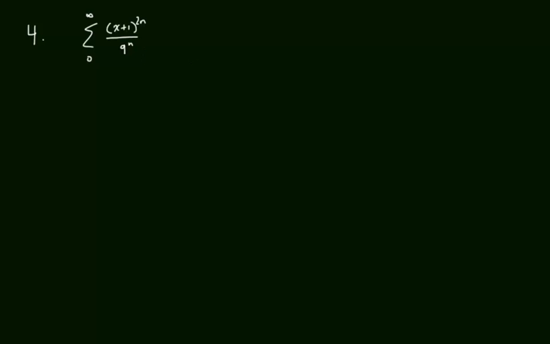Example 4. Now, in these examples, they're all geometric. What makes this a little bit different is you have to be real careful about what the common ratio is. I'll index it at 1 like I've been doing, and the common ratio means that everything is raised to the n, or everything is raised to, in this case, n minus 1. So that would be x plus 1 squared over 9.